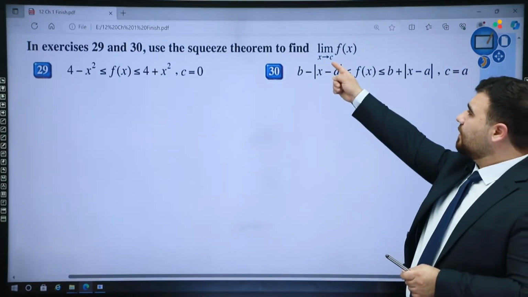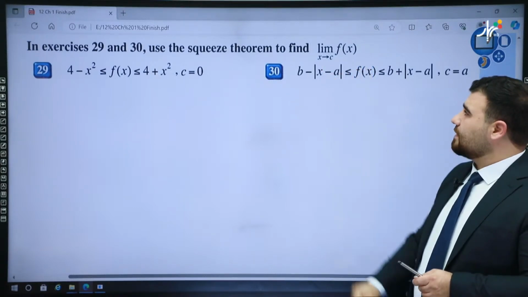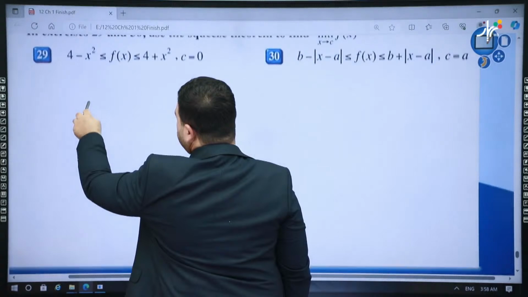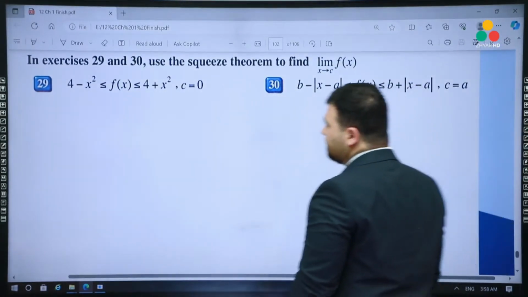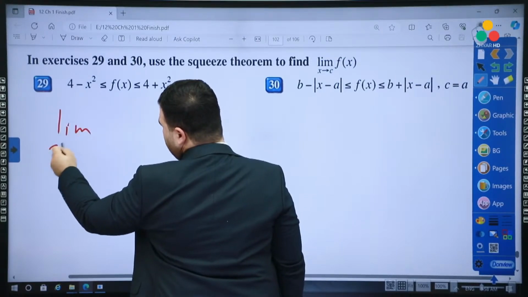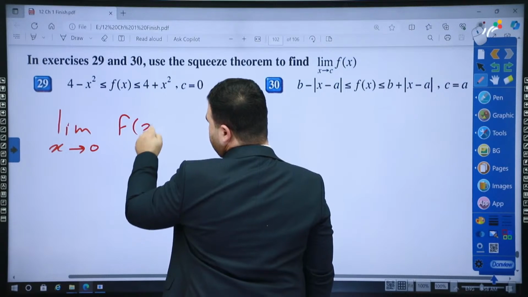Then limit x tends to c. In this question, c is 0. It means we need to find limit x tends to 0 for f(x).